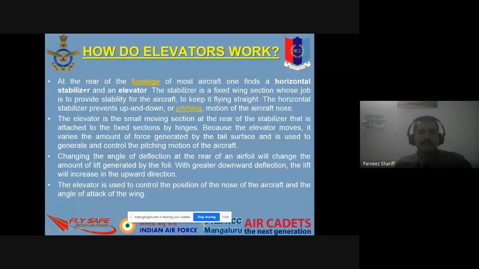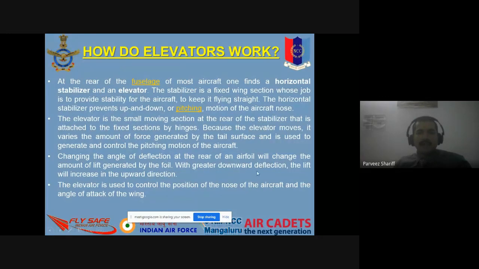The same thing is explained here. At the rear of the fuselage of most aircraft, one finds a horizontal stabilizer and an elevator. It is a fixed structure, so it is pitched up or pitched down. Changing the angle of deflection at the rear of the aerofoil will change the amount of lift generated by the foil.